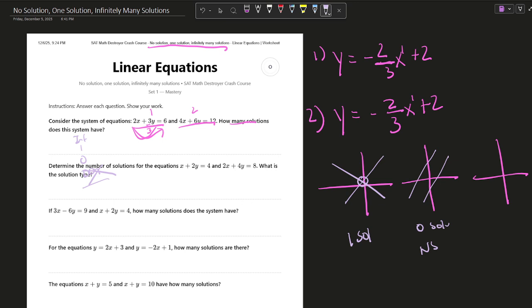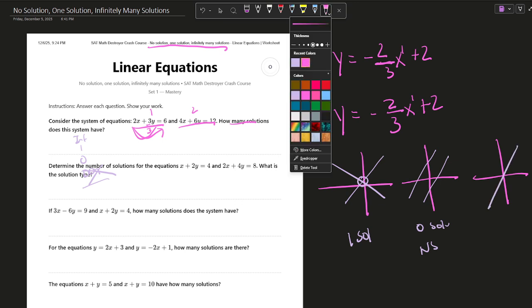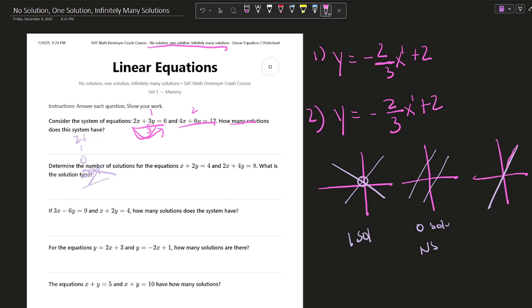But for it to be infinitely many, if you have two lines that are right on top of each other, like this, then they intersect at every single point on the line. So this is a case of infinitely many solutions, right? This just means that there's two lines, but they're the same line.